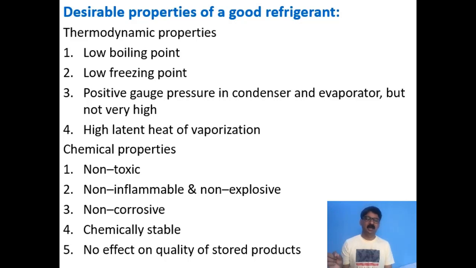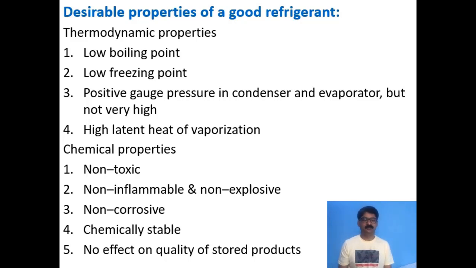In that device, atmospheric pressure is marked as 0, so positive gauge pressure means a reading above 0. That means the pressure in the condenser and evaporator should be more than atmospheric, but not very high. And also it should have a high latent heat of vaporization. That's what I told you when I explained the low boiling point, because a low boiling point means it can easily evaporate, and so it can absorb or liberate that very high latent heat of vaporization.